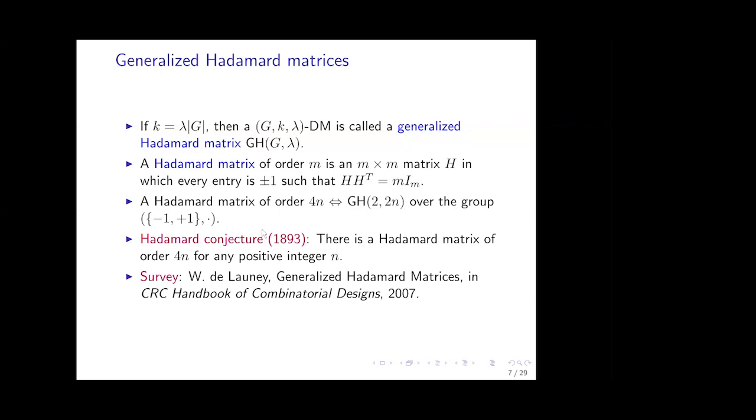Here is one example. If you want to learn more on generalized Hadamard matrices, you can refer to the survey by Delaunay in the Handbook of Combinatorial Designs. In this survey, Delaunay listed many conjectures.